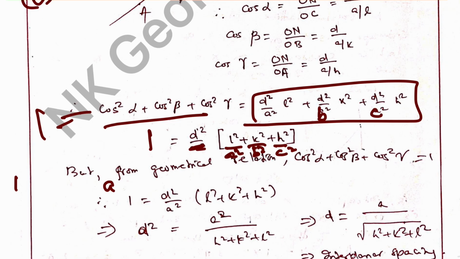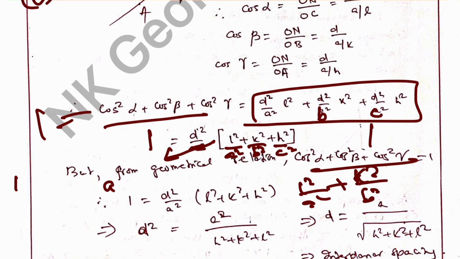So if we bring it to this side, this will be 1 by L square by A square plus K square by B square plus H square by C square. This will be D square.